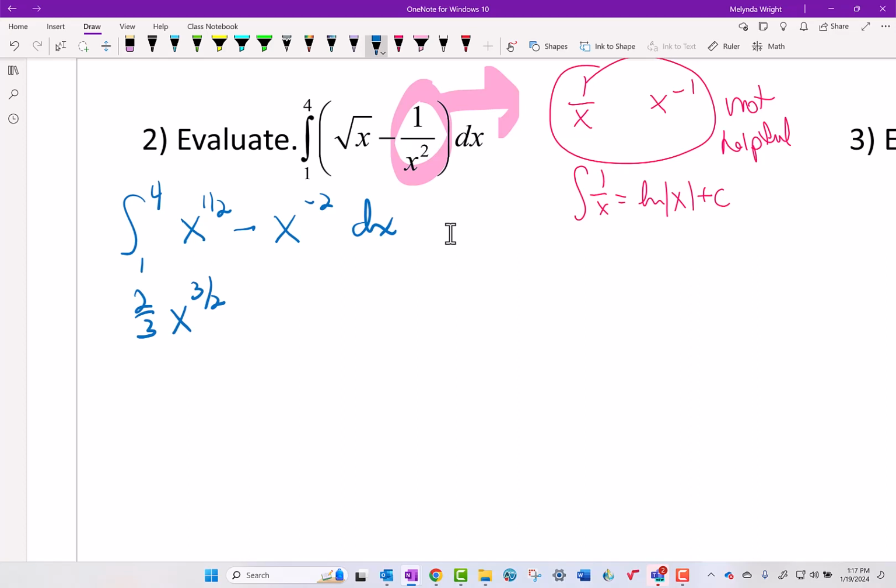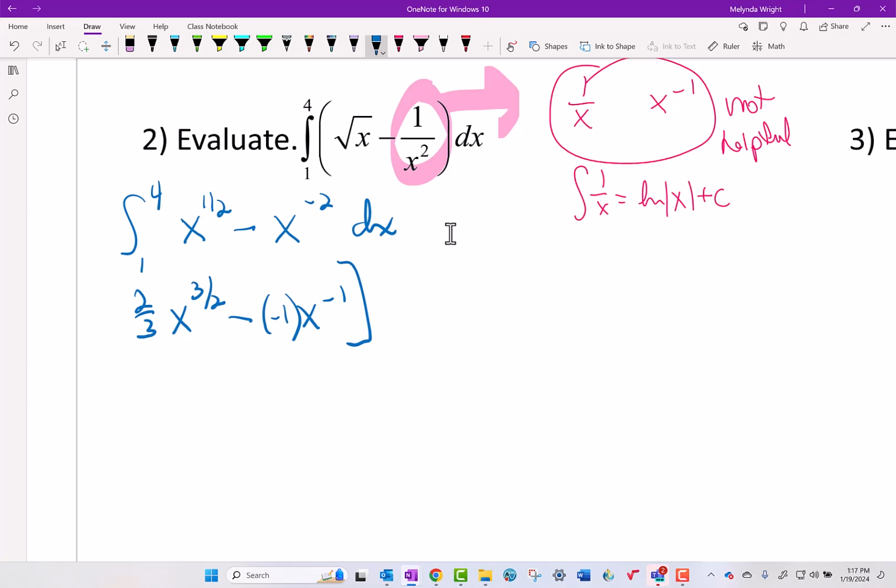Okay? Minus. I add 1 to -2. -2 plus 1 is -1. So I've got x to the -1, and I divide by -1, which is the same thing as multiplying by -1. Okay, I'm going to rewrite that so my life is easier.